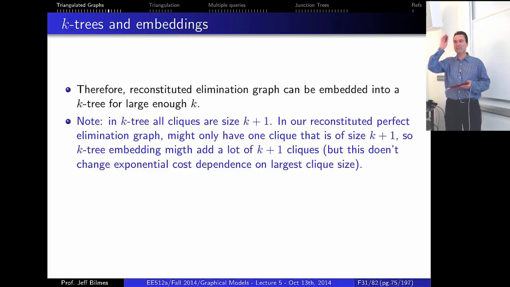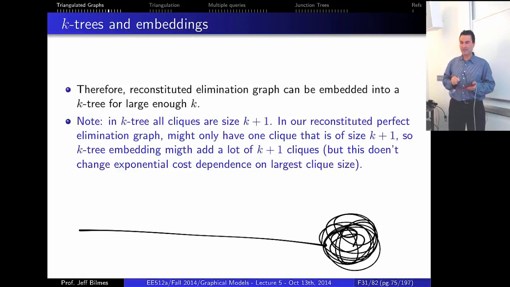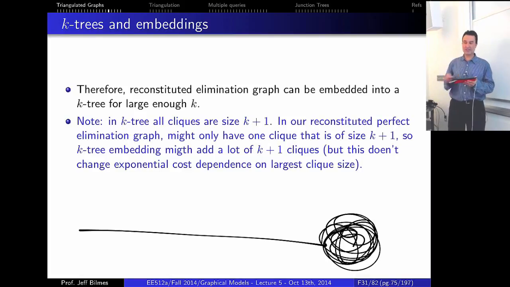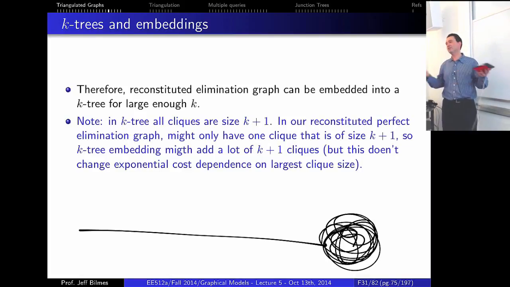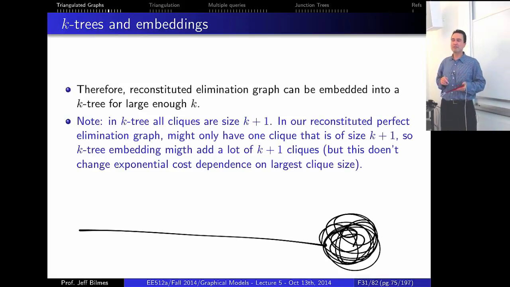And here it might be the case that we have some long chain, and then suddenly this giant clique at the end of it, kind of like a lollipop graph, where it looks like this, right? And if we were to embed that graph into a K-tree, especially if the chain was really long, much larger than the number of variables in the clique, then in some sense there would be some waste here.